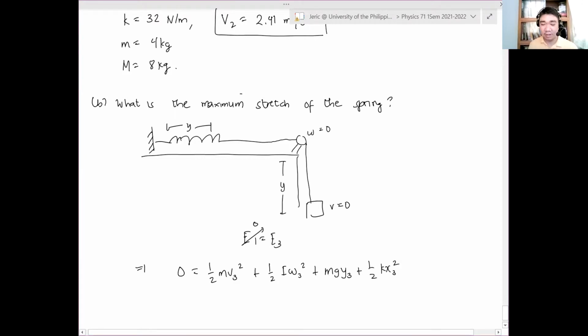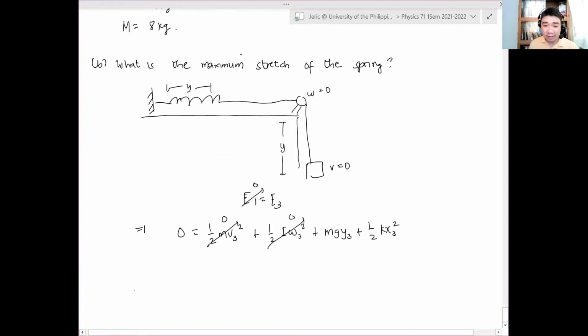These are the four expressions. But since we are now at maximum stretch, there should be no translational kinetic energy and no rotational kinetic energy. So these should be 0, showing that mg y3 equals negative 1/2 k x3 squared.